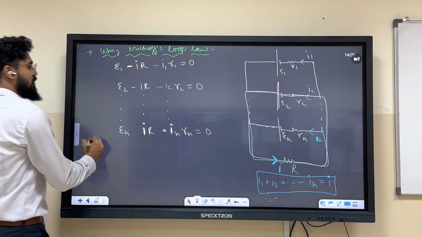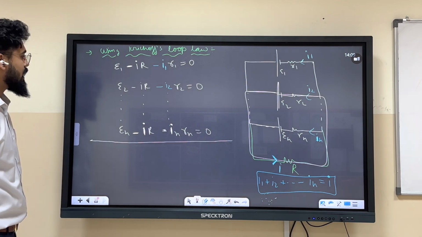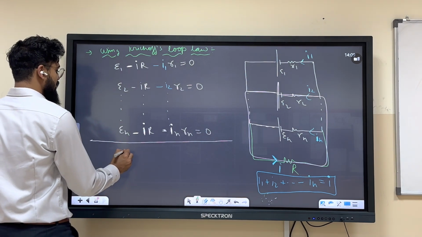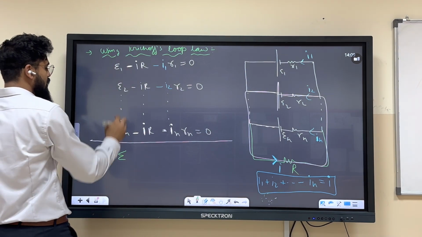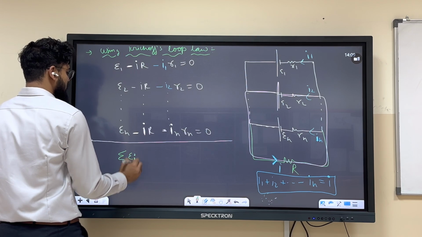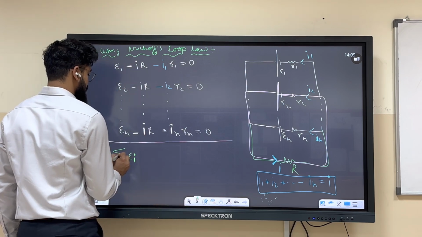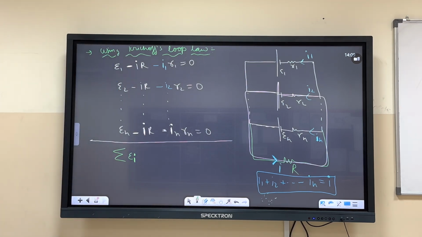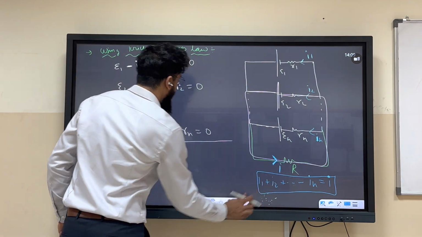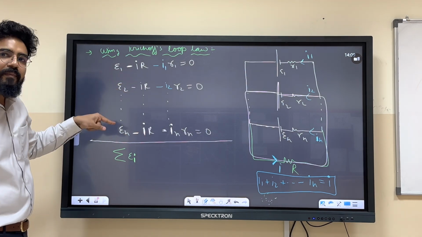Now if we are adding them all, what will come? Look carefully. Over here it will be sigma Ei, that is E1, E2, E3 and everything. Correct? This symbol is for summation. Now if we are adding all of them, how many IR will come?